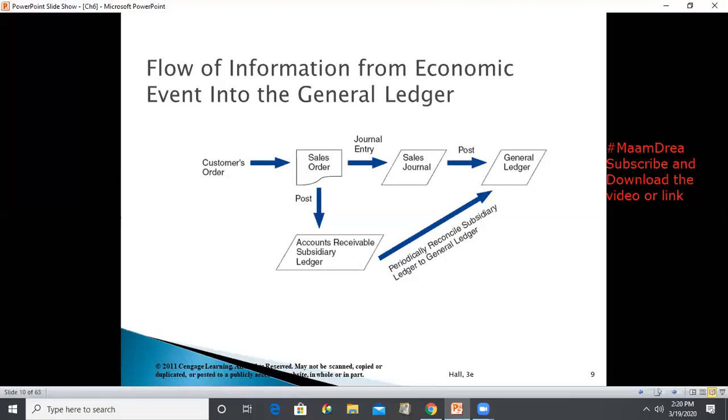Then we can select a number of accounts, or we can reconcile it from the AR subsidiary ledger. And this traces back to our posted sales journal. So the auditor will have to do a sampling technique, and then the auditor can identify also the physical source documents that are initiated every time we pull some information from the file.